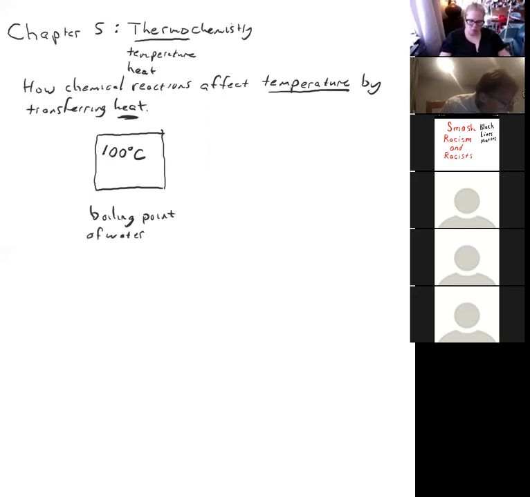The boiling point of water is the temperature that water boils at. And interestingly, when you boil a substance, it doesn't have to be water, it could be alcohol, it could be anything, its temperature remains constant until all of the material has disappeared.